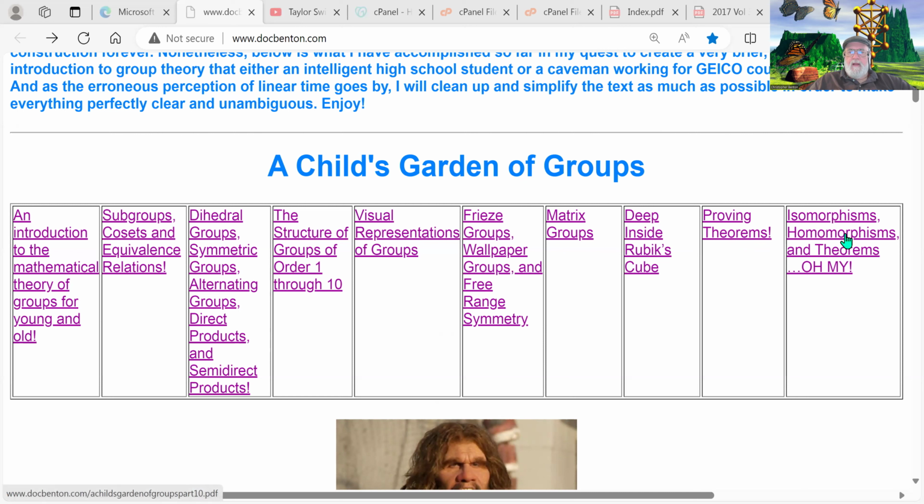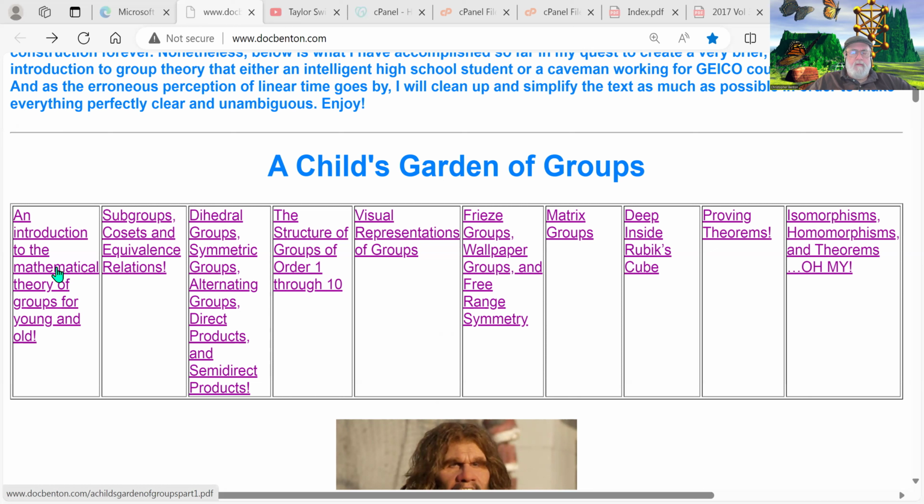And then the very last module is titled Isomorphisms, Homomorphisms, and Theorems. Oh my. And this gets into deeper theorems involving group theory, and the proofs are longer and more complex. But we start here with an introduction to the mathematical theory of groups for young and old.